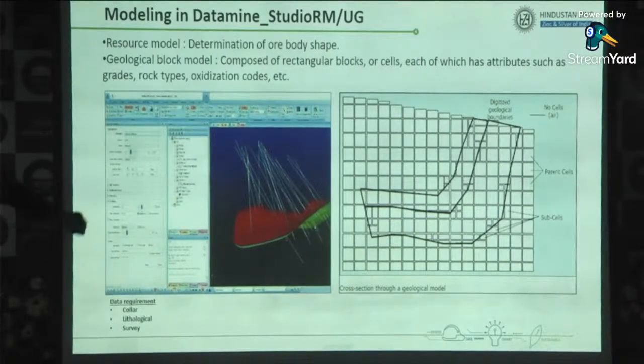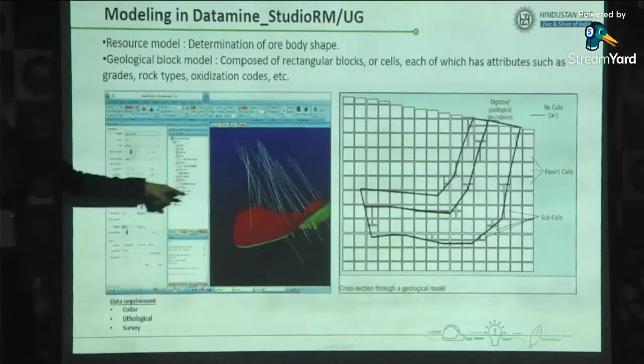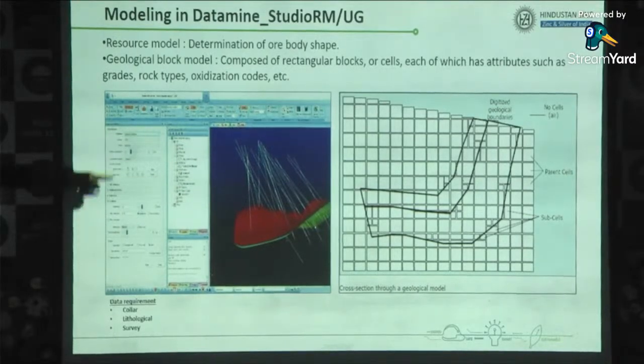Accordingly, wherever the ore was found from assay data, an ore body shape is formed using that borehole data. The whole mine where I'm doing exploration can be divided into grids. For surface exploration we are using a 100 by 100 grid, and for underground exploration we are using 25 by 12.5 grid to increase the confidence level.